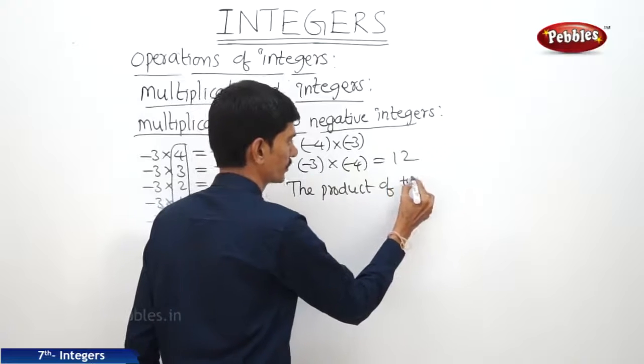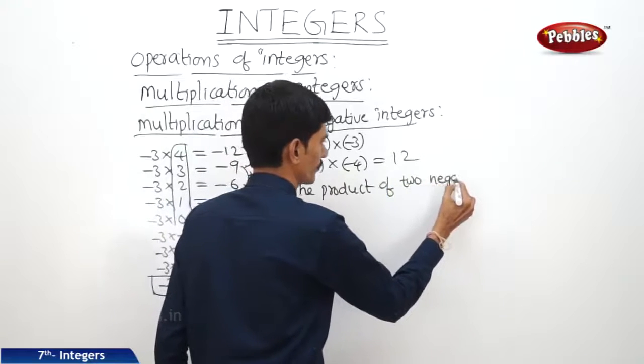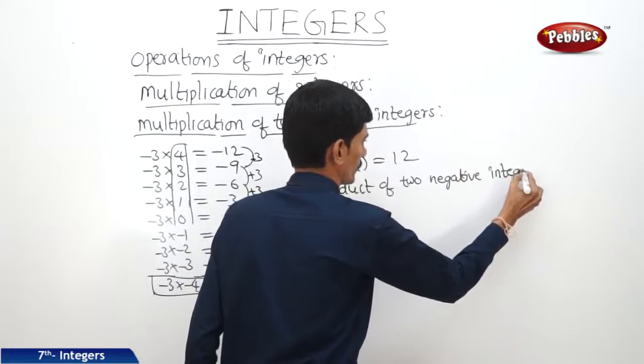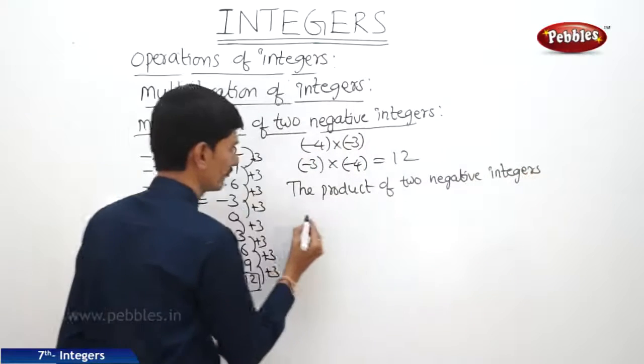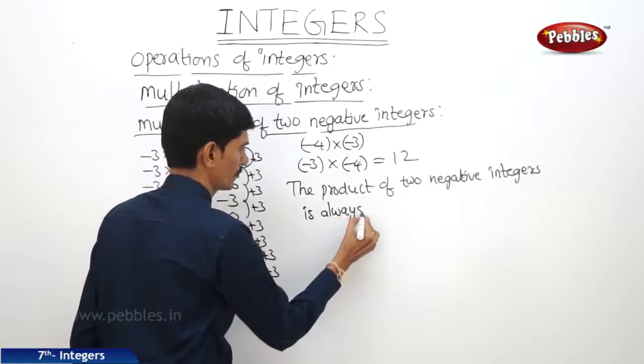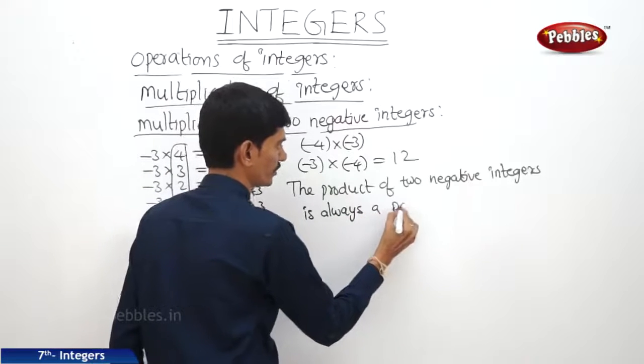So the product of two negative integers is always a positive integer.